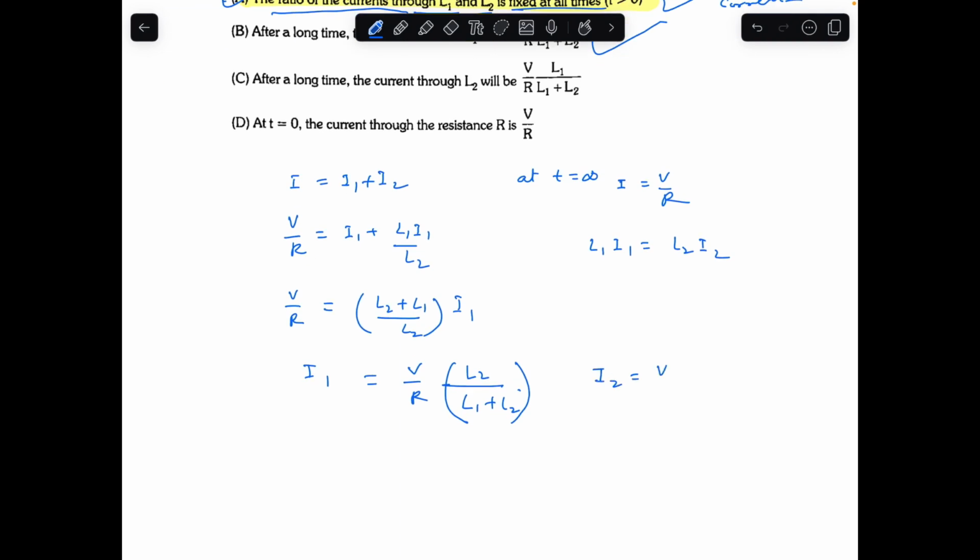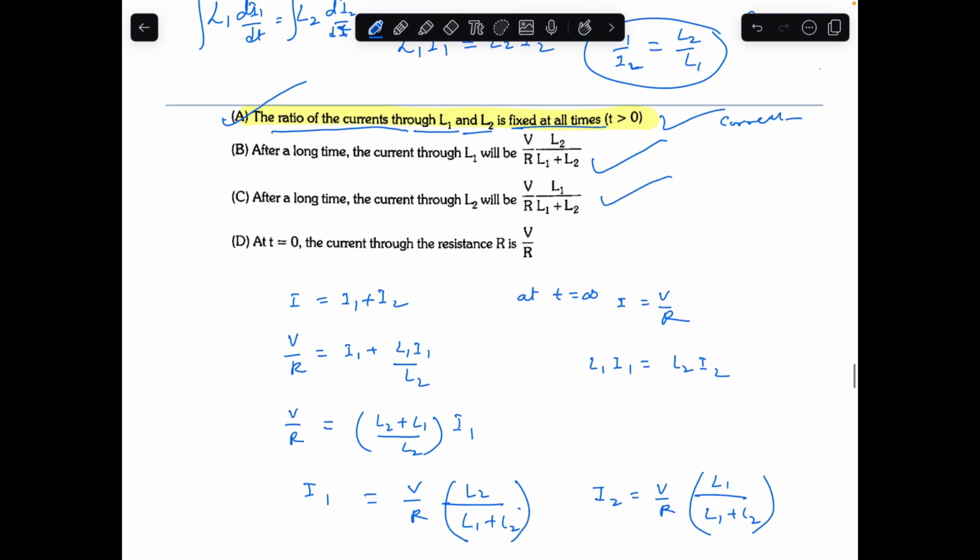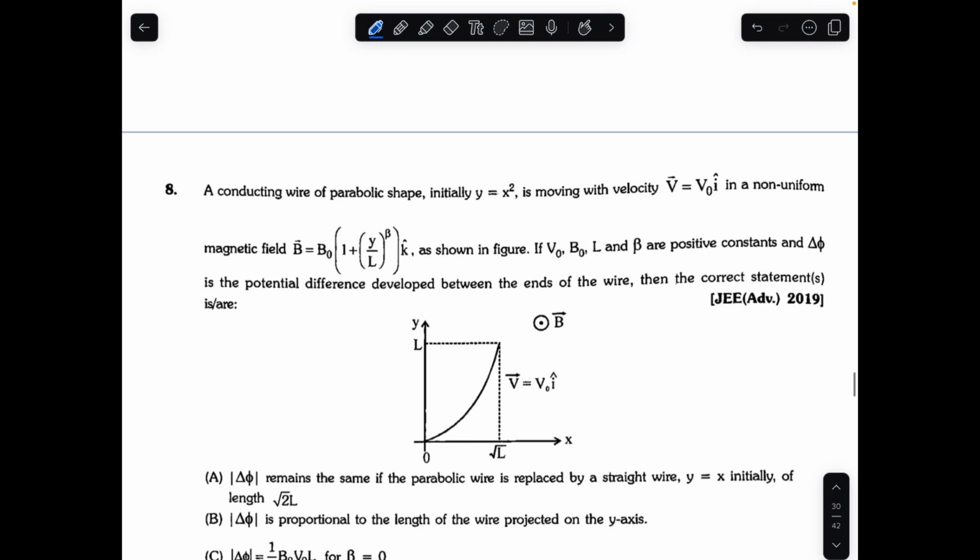Similarly, I2 also you can find. I2 will be V by R times L1 by L1 plus L2. This is also correct. B, C correct. D, at t equal to 0 current through the resistor is V by R. No, at t equal to 0 the inductor fully opposes, so the current will be 0. This is wrong. So the answer is A, B, C.